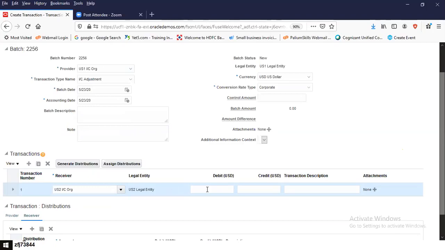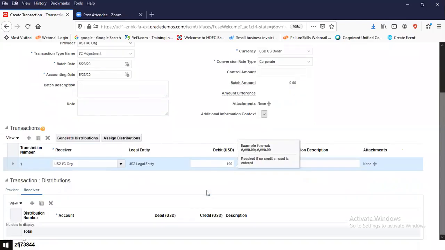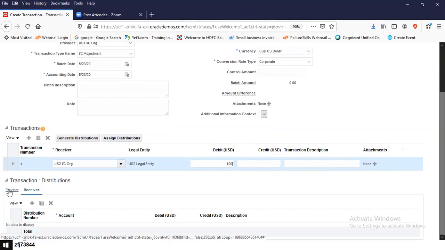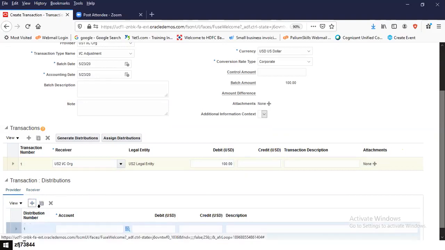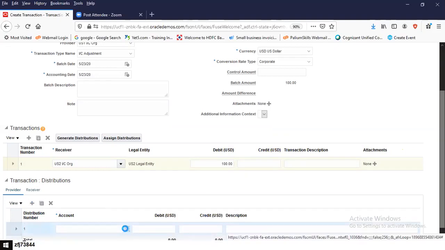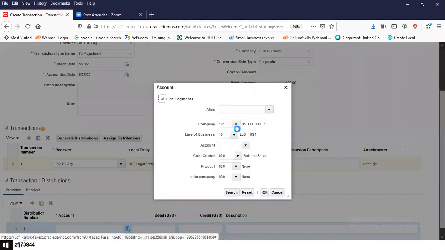So first US2 intercompany org, and debit would be 100 or 1000, whatever we want to put. Provider level will have the 101. So provider in our case is the US intercompany org 1.